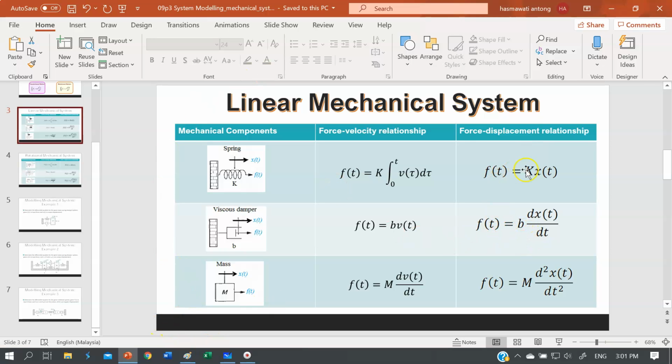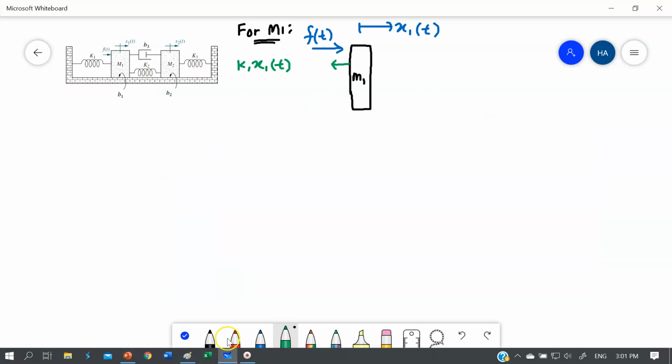So if we apply this force to displacement relationship, we have this K1 X1 of T. Now we have another reaction force which is due to the mass itself, M1, which is equivalent to d square X1 T over dt square, mass multiplied by acceleration.